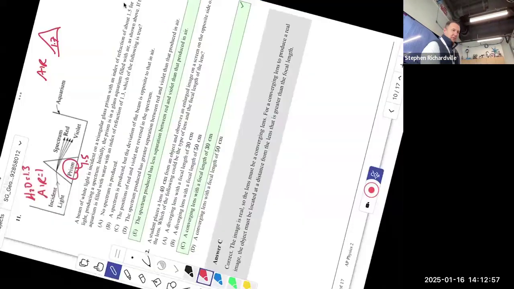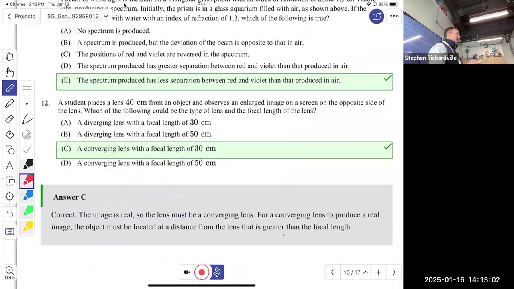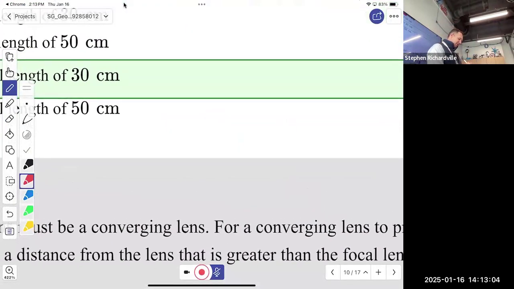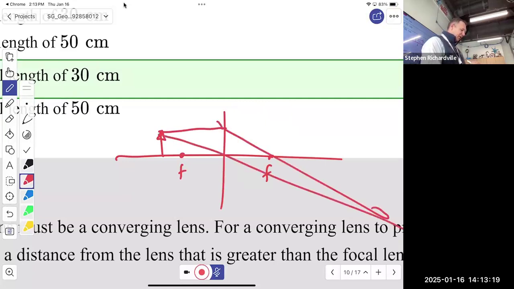If I am just outside the focal, what happens? This ray goes here and through the focal. This goes through the focal. Notice how they are converging, creating a real inverted enlarged image on the other side.